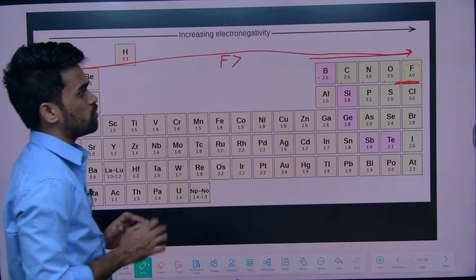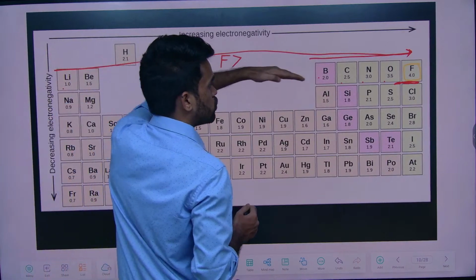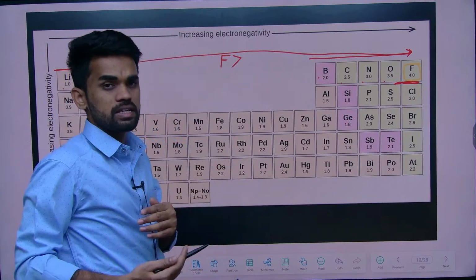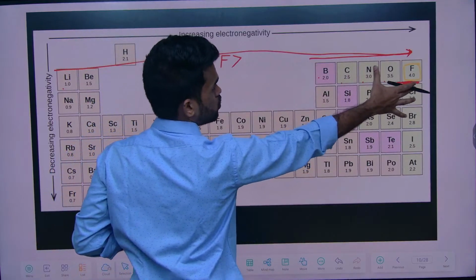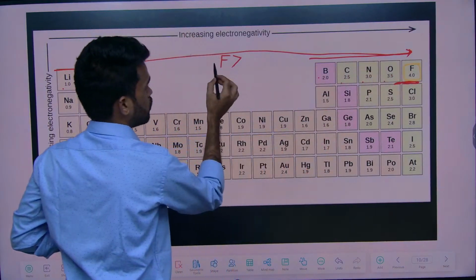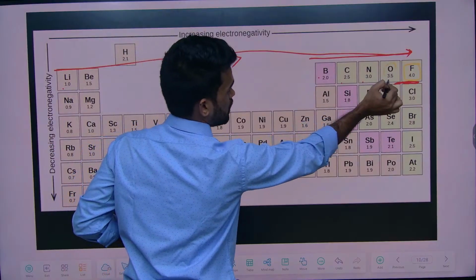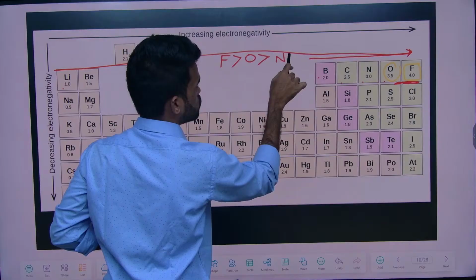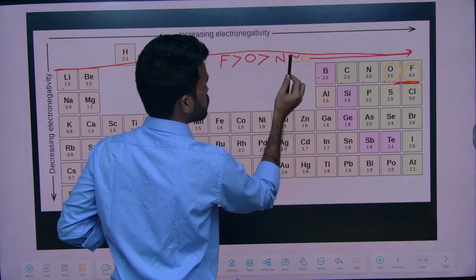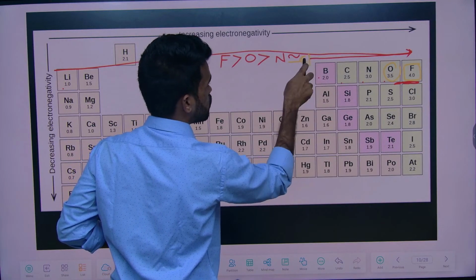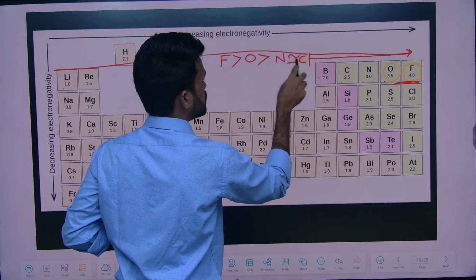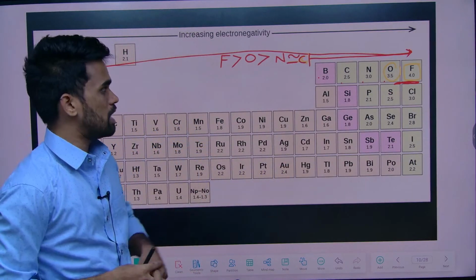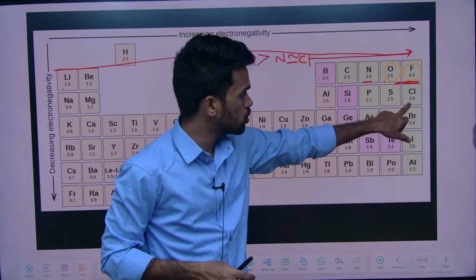Like this, as we move from left to right, electronegativity increases. So fluorine is the most electronegative, the second most electronegative element is oxygen, and the third most electronegative element is nitrogen as well as chlorine. It is observed that nitrogen and chlorine have almost the same electronegativity values, like nitrogen here, chlorine here, remember this.